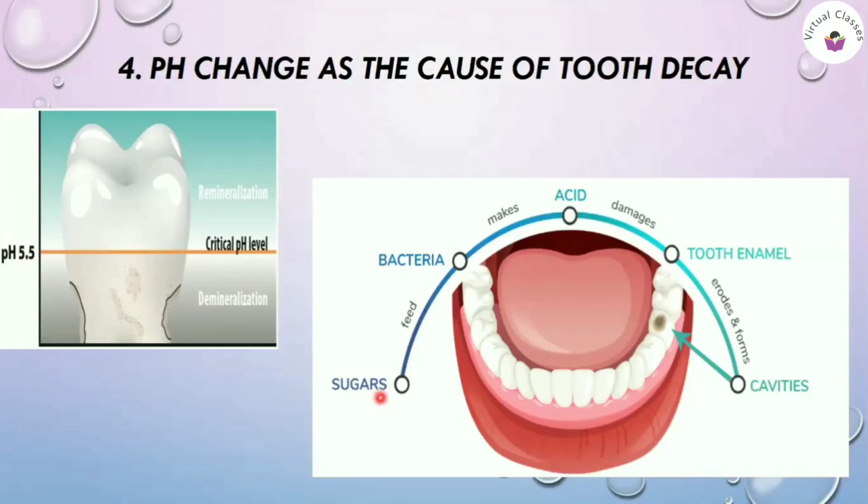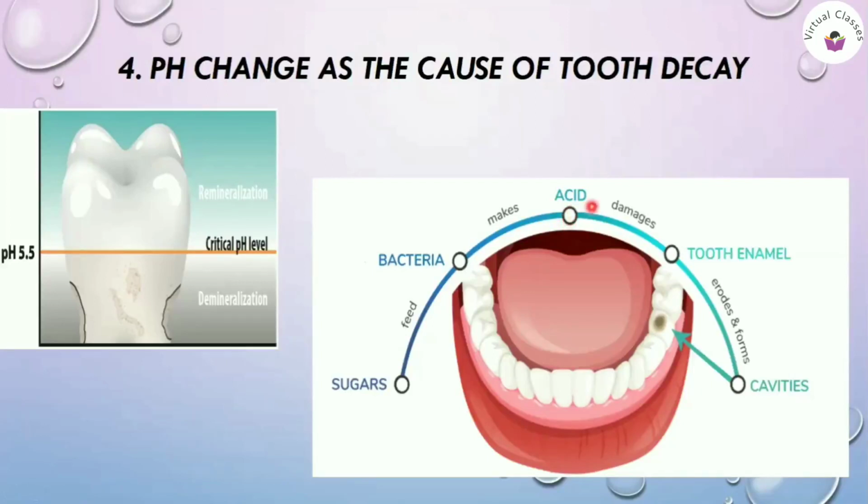What happens is the sugars or the food particles that remain stuck in the mouth after eating are attacked by the bacteria present in the mouth. And these bacteria produce acids by degradation of this sugar and food particles remaining in the mouth.